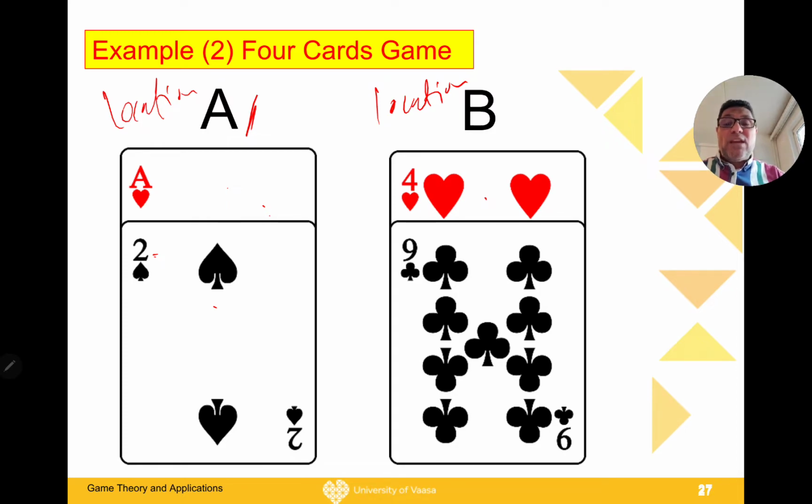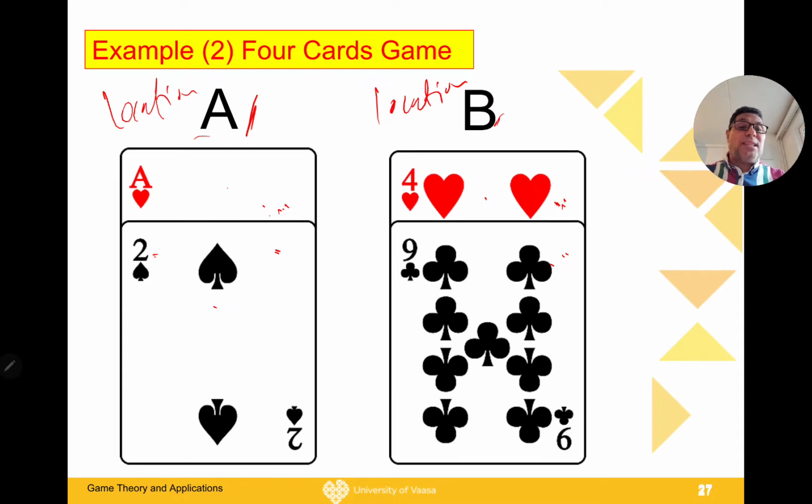For example, if player 1 decided to select location A and takes both cards, then when player 2 starts, of course they have only location B. If player 2 is not clever, they will draw both cards.